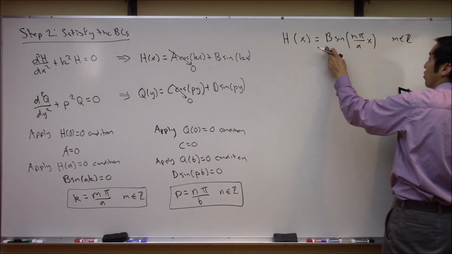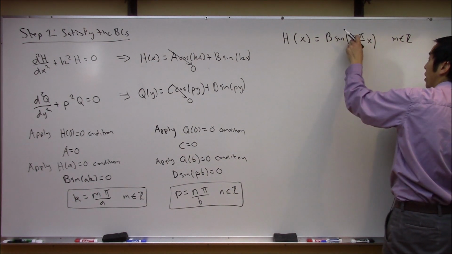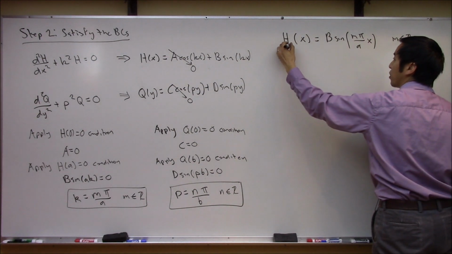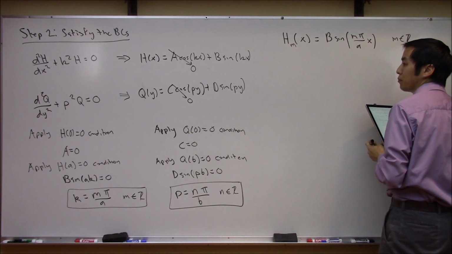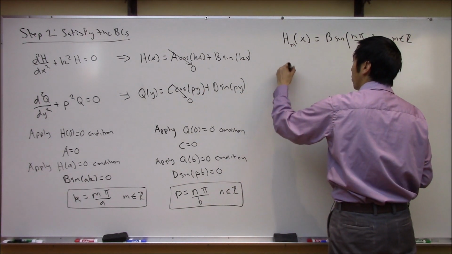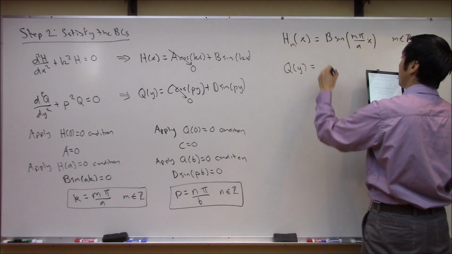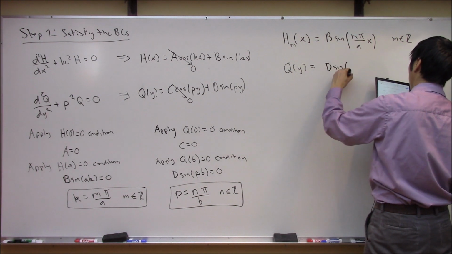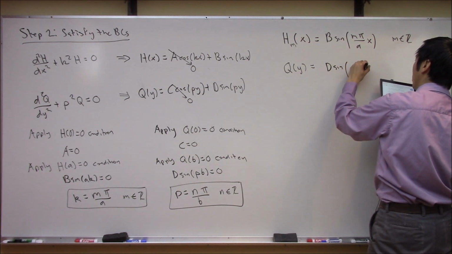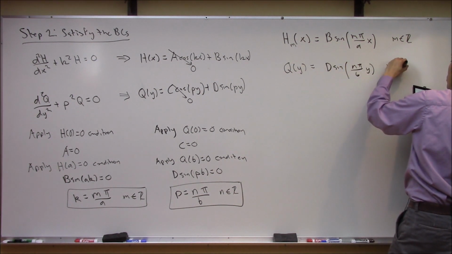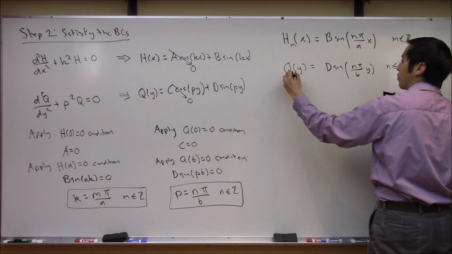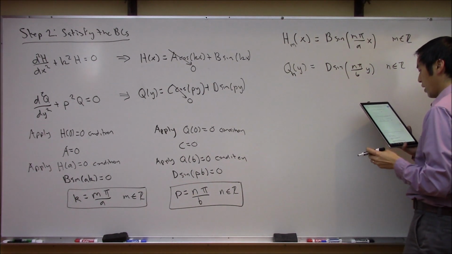Since this has a different family of solutions for m equals 1, 2, 3, 4, etc., let's put a subscript m here. Similarly for q, this is going to be like d sine of n pi over b times y, for n in the integers. Again, let's adopt a subscript n.